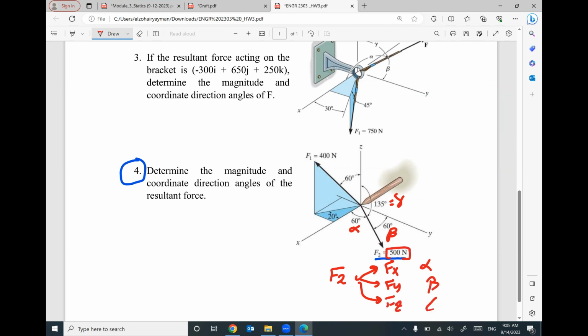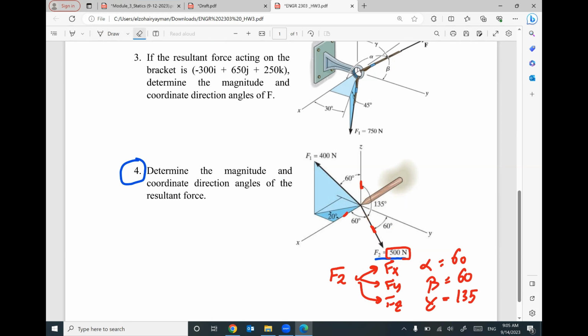Alpha, beta, gamma are given: 60, 60, 135. This is the easiest one. Keep in mind the first angle 60 is between the force and X, the second angle 60 is between the force and Y, and the third angle 135 is between the force and Z. So these angles can be considered alpha, beta, gamma for F2.